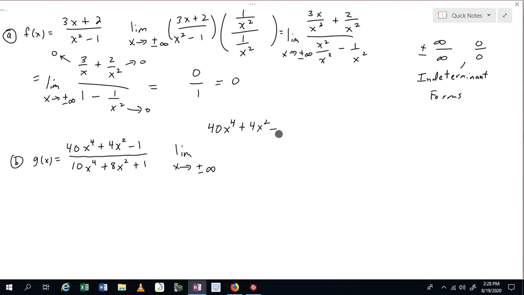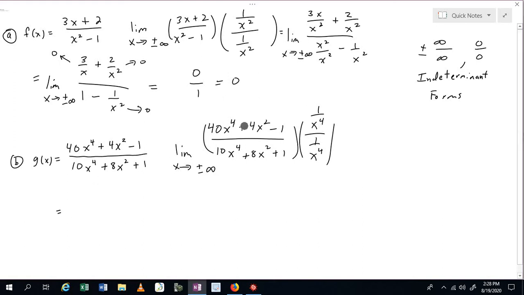Okay, so we're going to do the same thing. We're going to look at the bottom polynomial, which is degree 4. And so what we're going to do is we're going to multiply this rational function by 1 over x to the 4th. Okay, so now we distribute the x to the 4th to each of these terms.